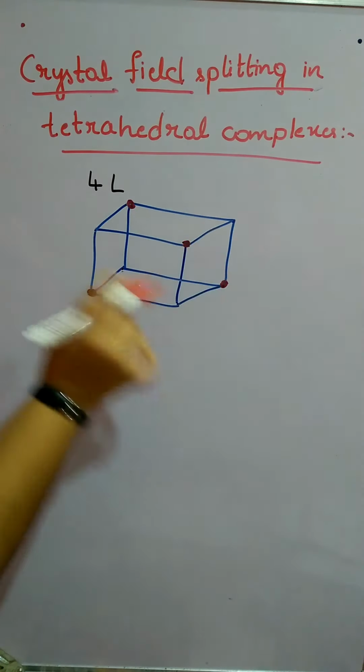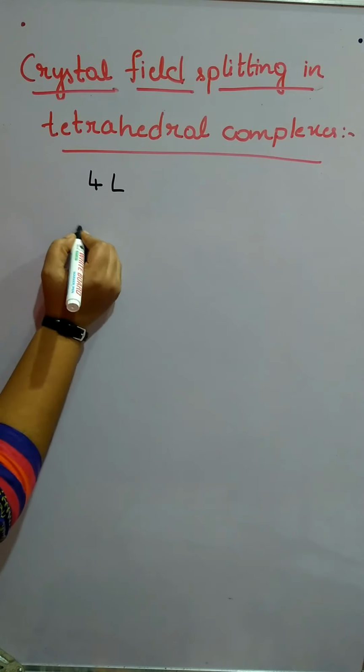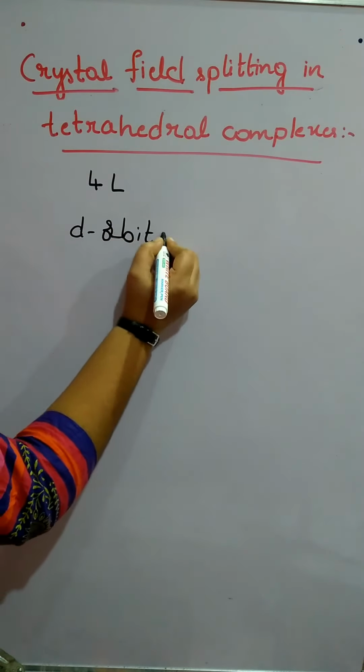So when you consider a tetrahedral complex, we'll be having 4 ligands here. None of the ligands will be pointing exactly to the d orbitals. That is, the d orbitals of the metal are not exactly pointing towards the ligand, or the ligand is not exactly pointing towards the d orbital.